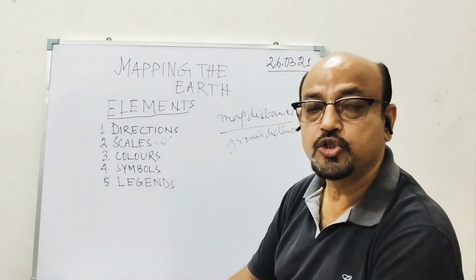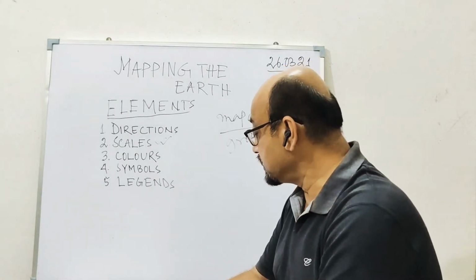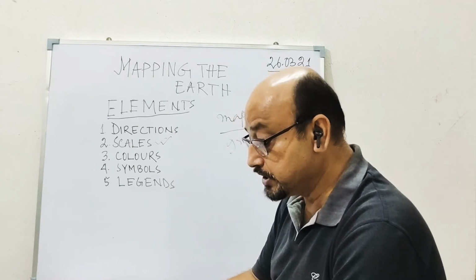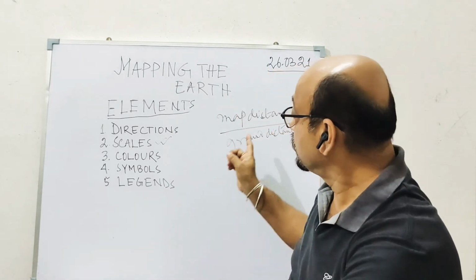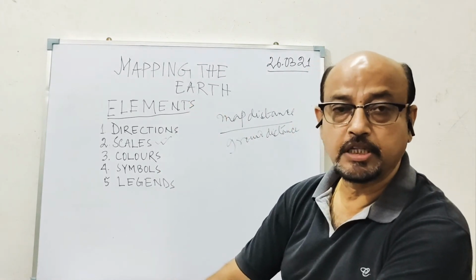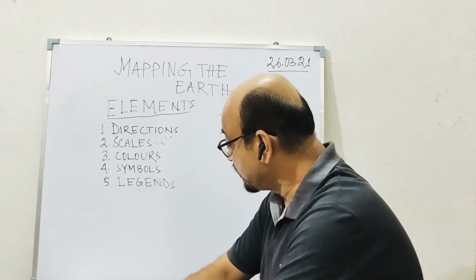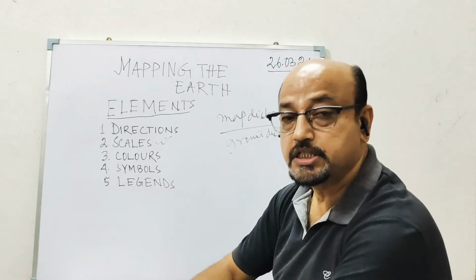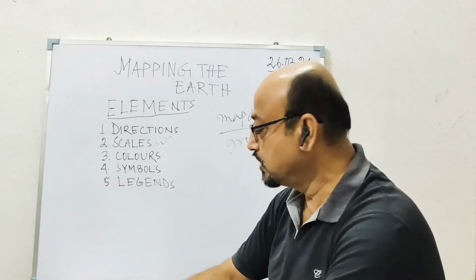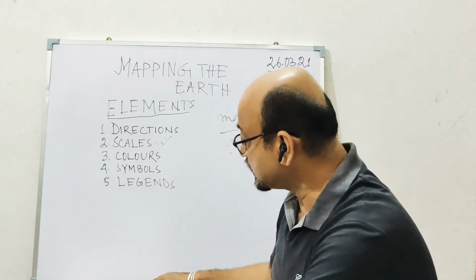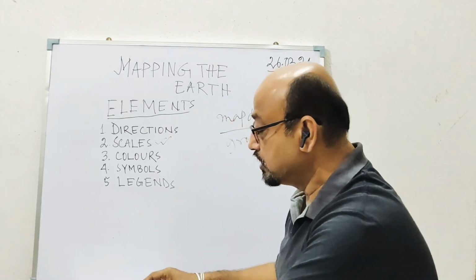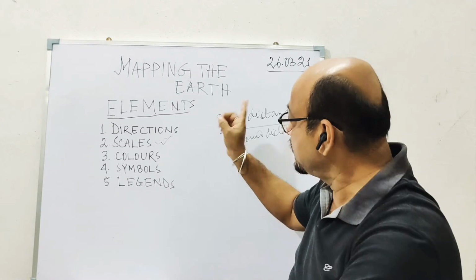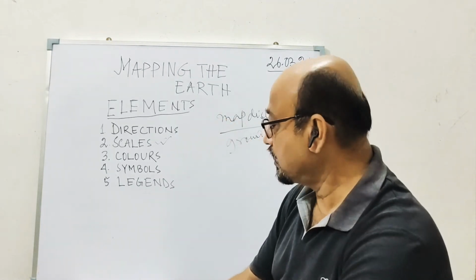So if we want to show accurately the distance between two places on the ground, then we have to use the scale. And that scale has to be used in proportion of the map distance as well as the ground distance.